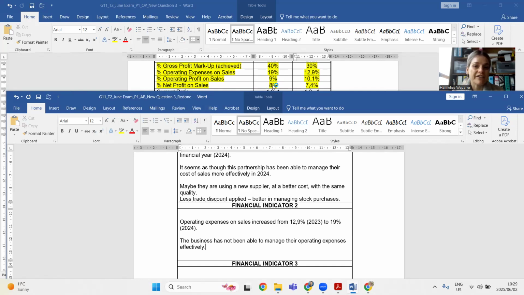But if you only have 8% of your sales left at year end, what are you going to reinvest into this business to help it grow? There's no use in reaching your target profit markup percentage or increasing that percentage if you can't manage your expenses effectively. So that's how we look at profitability ratios.